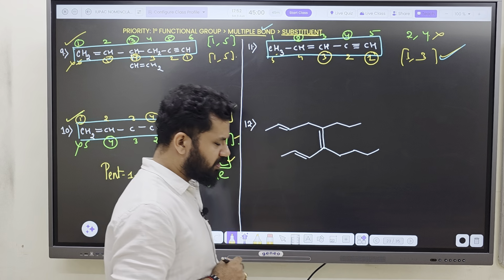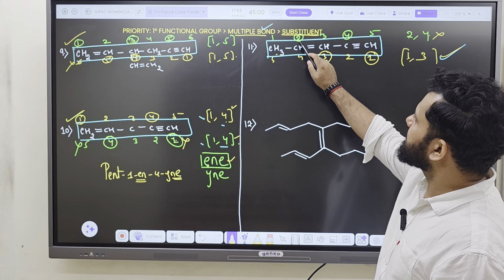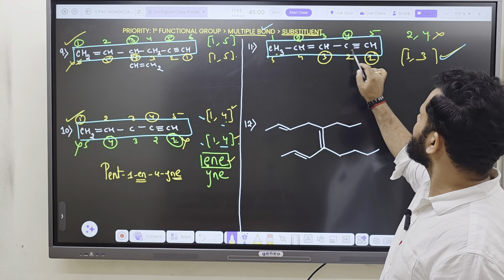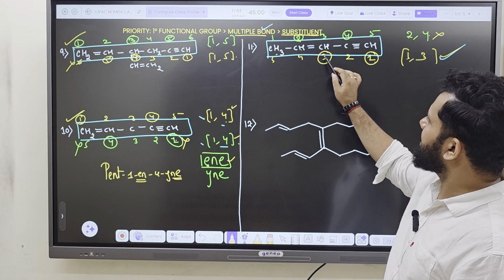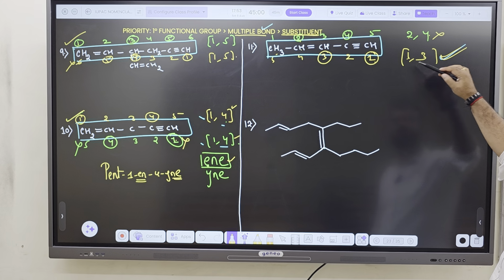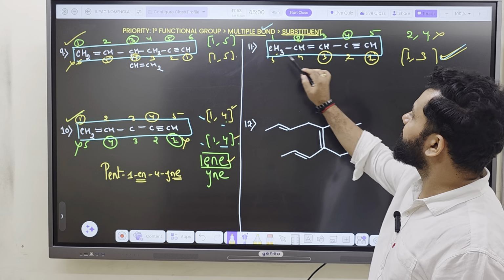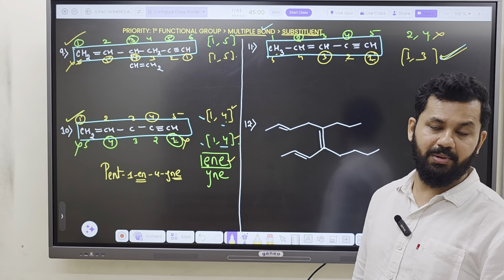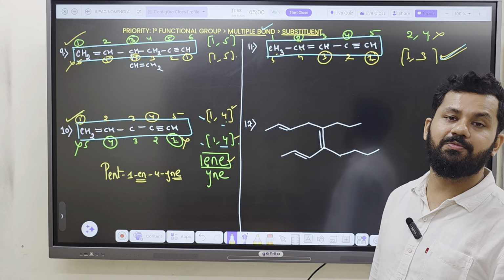However, you see here, if I go from the left side, the set of locants is: second position multiple bond, fourth position multiple bond. But if I go the other way, first position and third position. So first position is better than the second position, and therefore the yellow way of numbering is the correct way of numbering. Why? Multiple bond: I have to select first come, first serve.